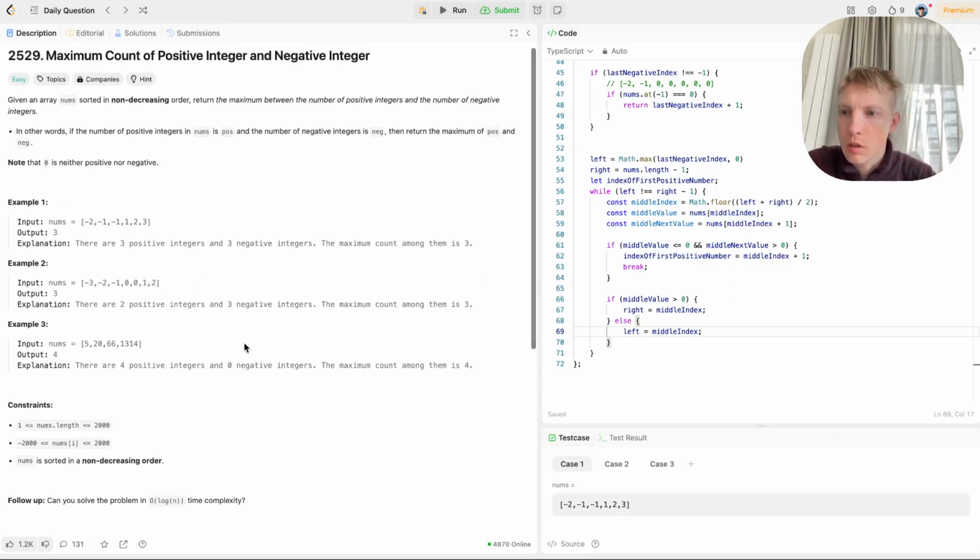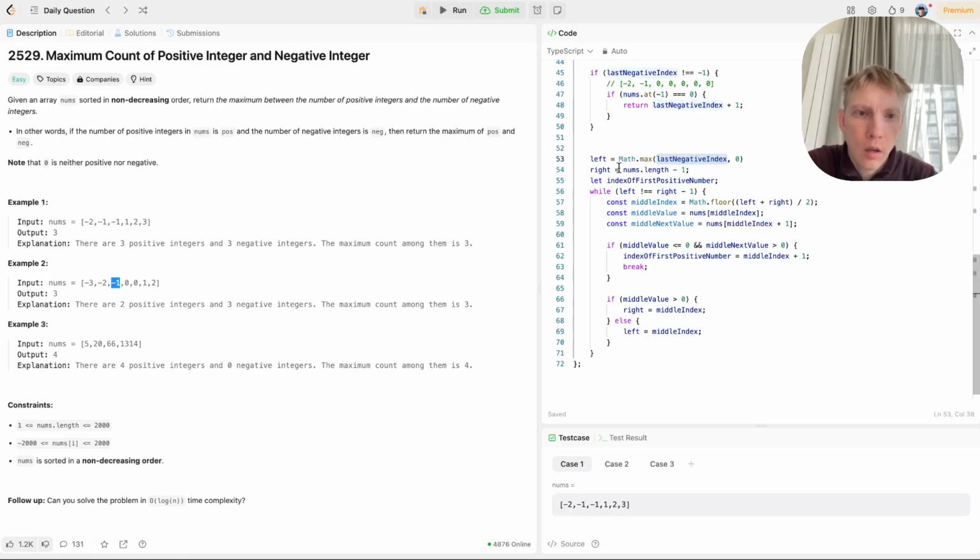Let's just imagine this case. Left would be last negative index, which would be 2. Right would be 6. 6 plus 2, 8.